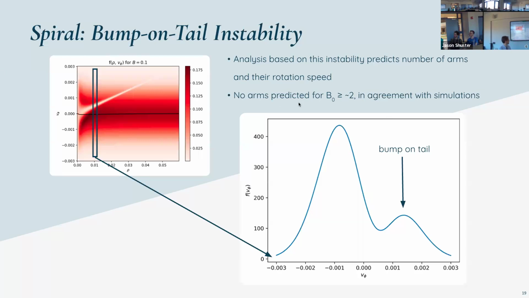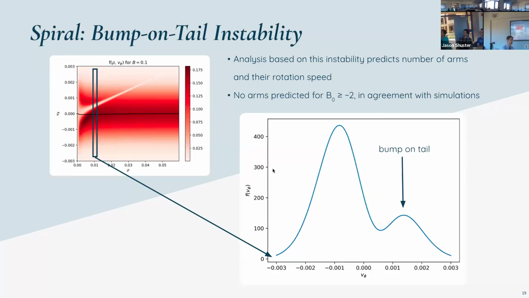So what we explained is going on is because we have these spikes for these weaker magnetic fields, if you look at a vertical slice, just pick a value of rho and look at the f of v phi for that value of rho, you get this bimodal distribution. So this could be a bump on tail instability.